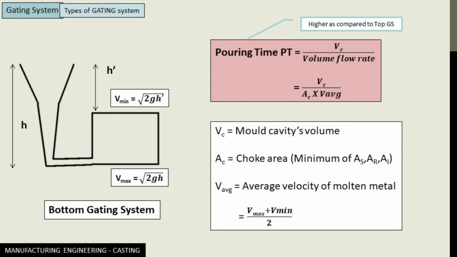Here the maximum velocity is at the bottom where the molten metal is entering. It is given by root 2gh, and h is the height at which the molten metal is maintained in the pouring basin.